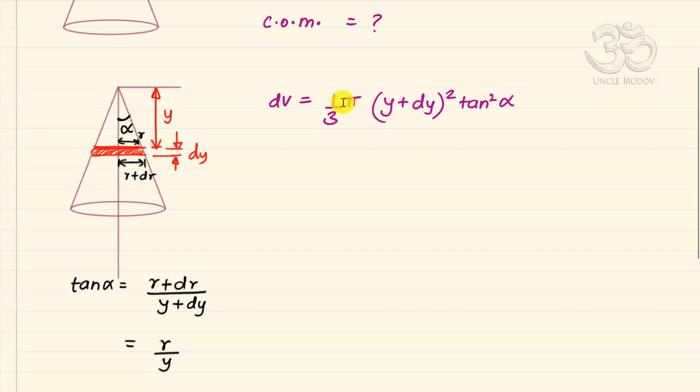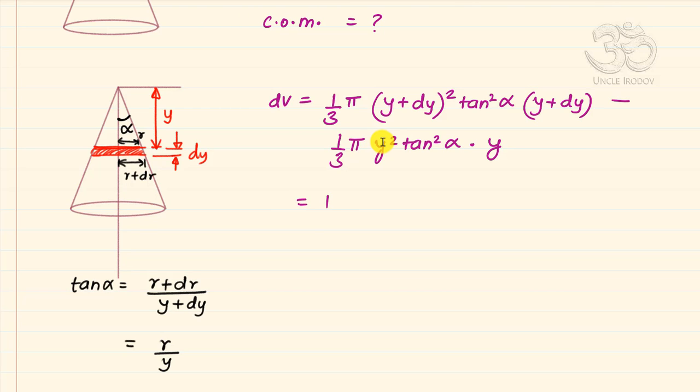So 1 by 3 pi r square h, where the height of that cone is y plus dy. From this I need to subtract 1 by 3 pi, and r square will give me y square tan square alpha, multiplied by the total height y.